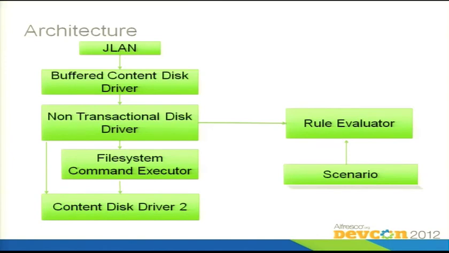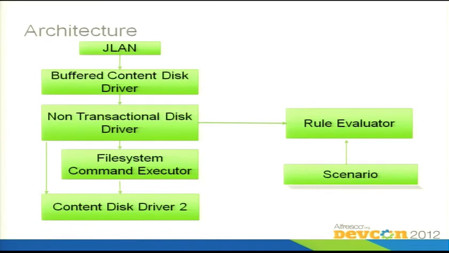These are the important classes that you might like to look at. So we've got JLAN at the top, which, as far as this talk is concerned, is a black box.